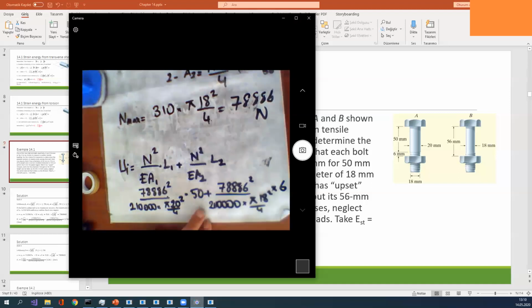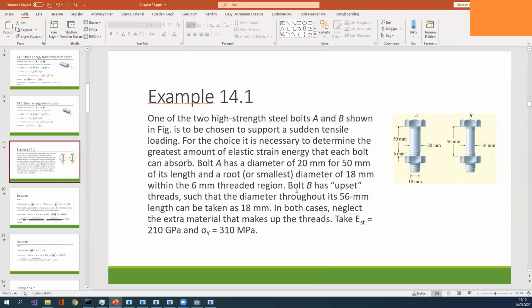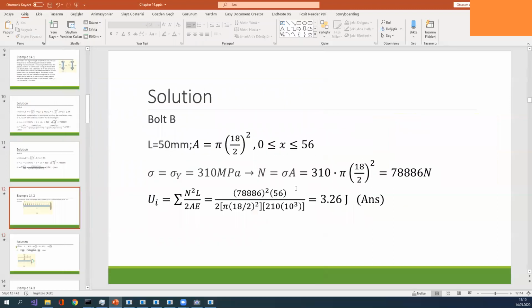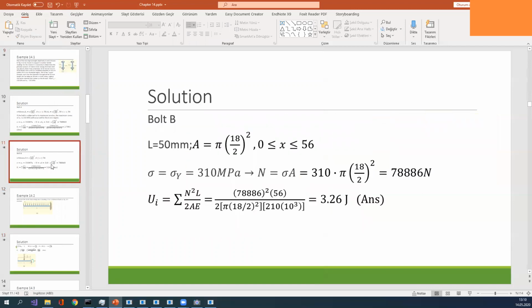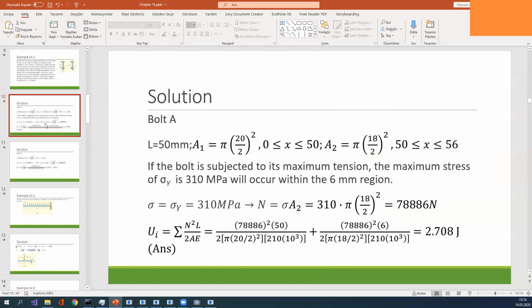By using this general formulation, I obtain U. Looking at the solution for bolt A, sorry, I'm passing so quickly, we obtained 2.708 joule as written here.